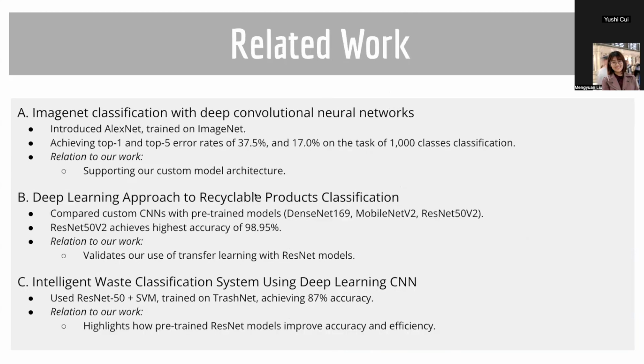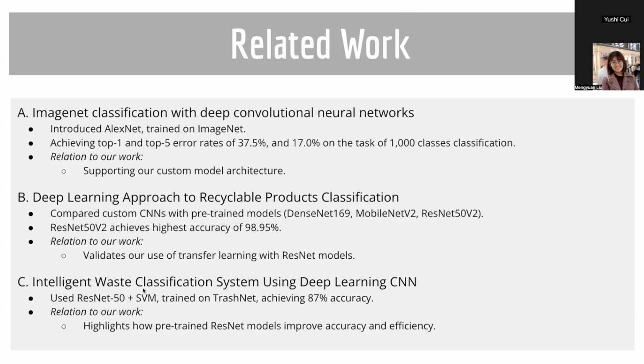We refer to three peer-reviewed papers for guidance. The first paper introduced AlexNet, a CNN that achieved a top 5 error of 17% on ImageNet. It inspired the architecture of our custom model. The second paper compared multiple CNNs and pre-trained models for recyclable material classification, finding that the ResNet 50 v2 version achieved the best performance.